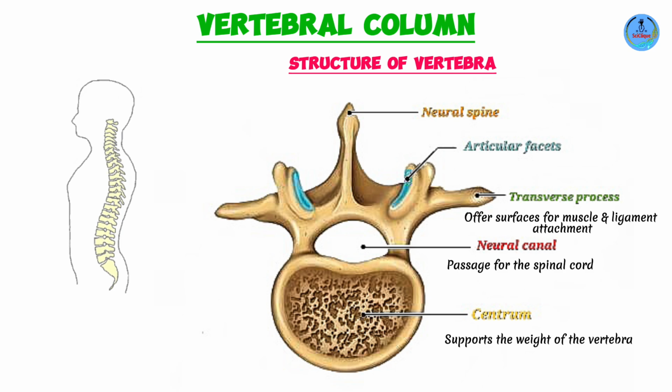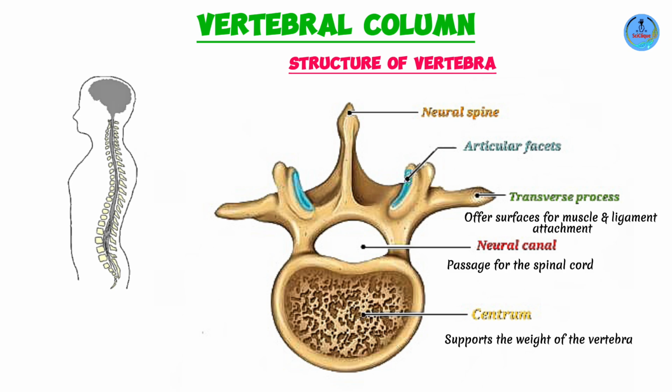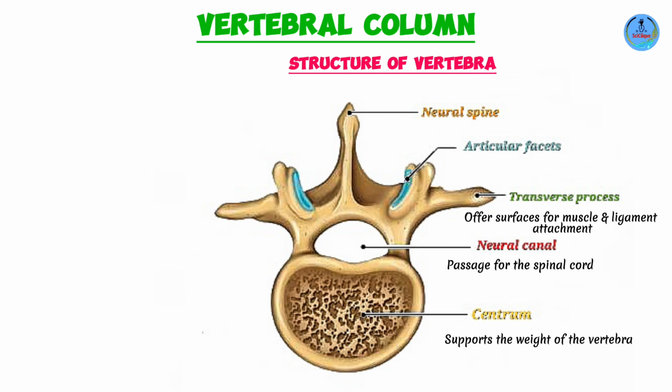So, in the case of the neural canal, it allows for the passage of the spinal cord. The spinal cord passes through the neural canal, and by doing so, it protects the spinal cord from mechanical damage. Okay, we also have the neural spine. This provides a site for attachment of muscles.